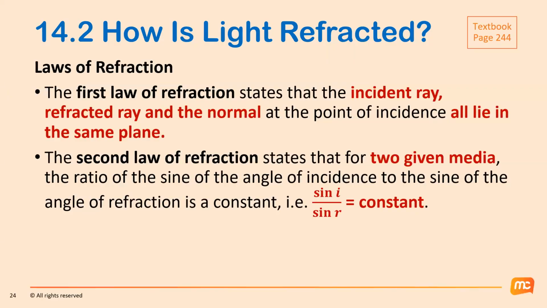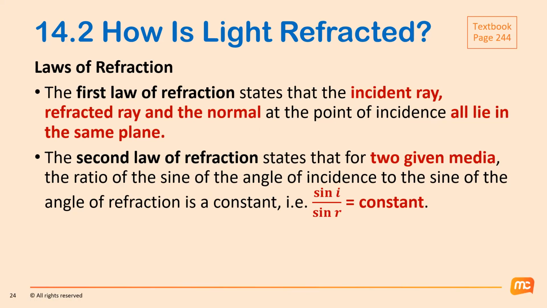Okay, then we move on to the laws. The first law of refraction is the same as the law of reflection, which states that the incident ray, refracted ray, and the normal at the point of incidence all lie in the same plane. That means they're on the same surface, but this is seldom tested. We are more interested in the second law, which is also known as Snell's law.